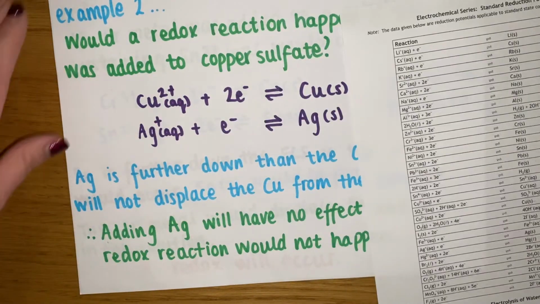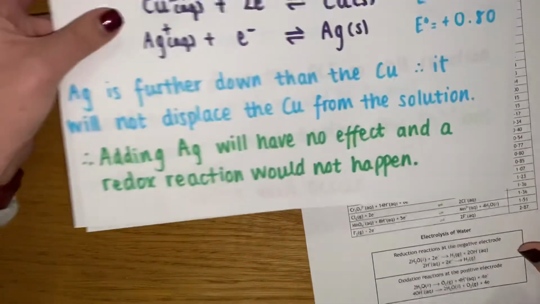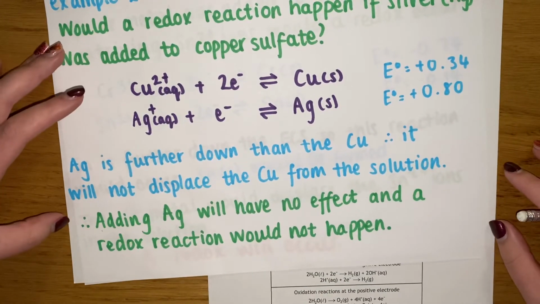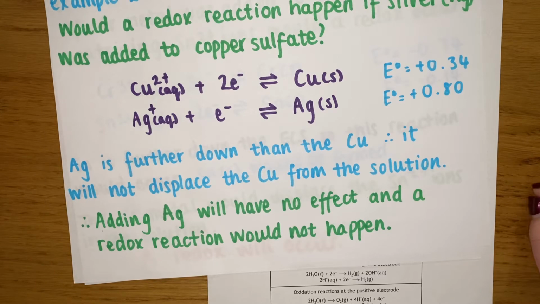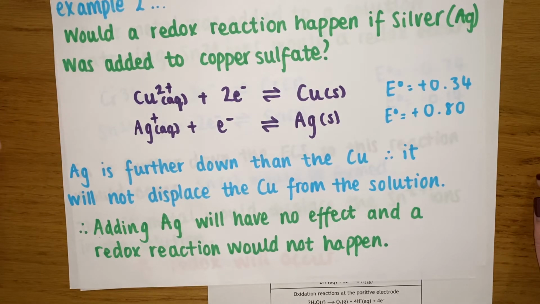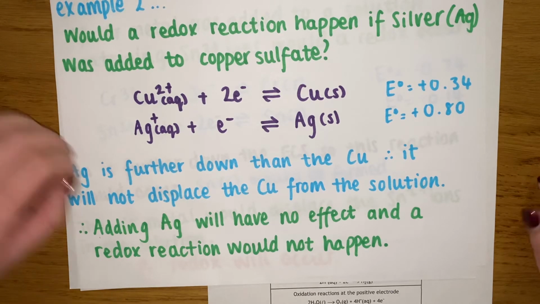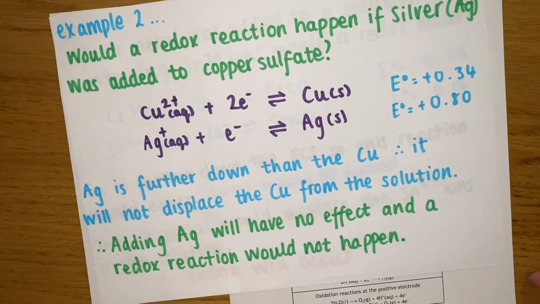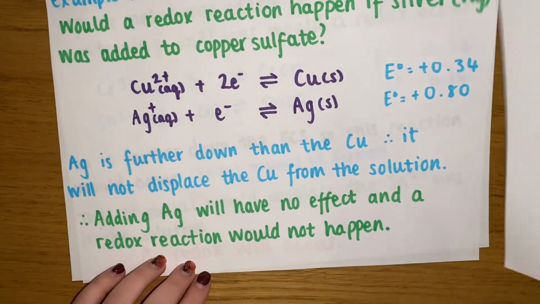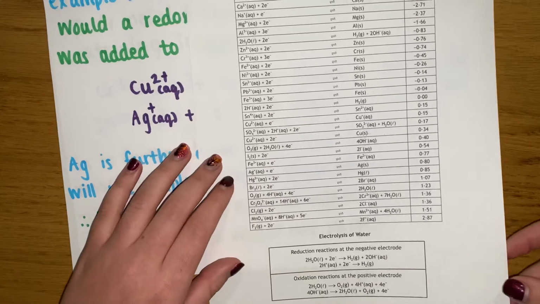In this case, your silver is further down than the copper, therefore it's not going to displace the copper. The copper will stay in solution and the Ag will stay as a solid. So by adding the solid silver, it's going to have no effect and a redox would not happen.